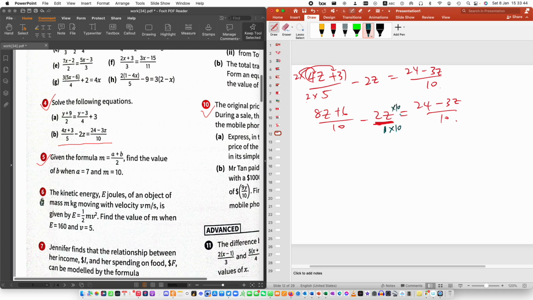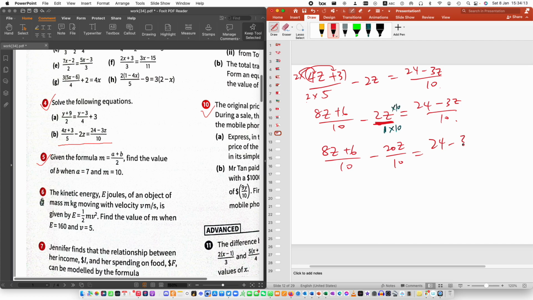Why? Balance. So once again, we are talking about balancing. In fact, for mathematics, you need to balance it. Are you clear? So if you combine this, you are going to get this. This is 20z. That's how you differentiate the 2 from the z.